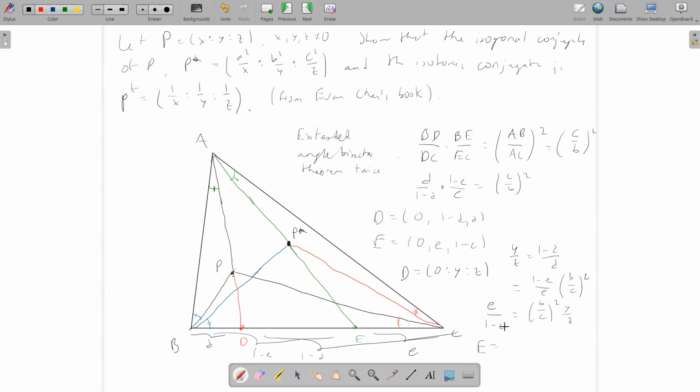So E equals 0, B squared Y. Wait, no, B squared is Z. B squared is Z, C squared Y. This over that. Oops, I have Z and Y the other way around.